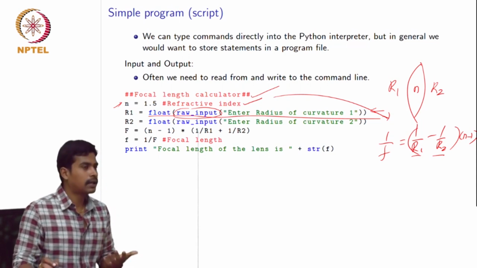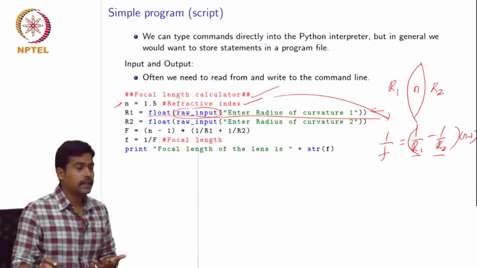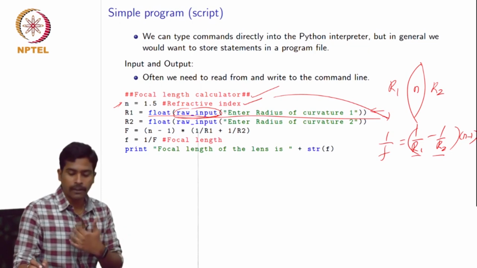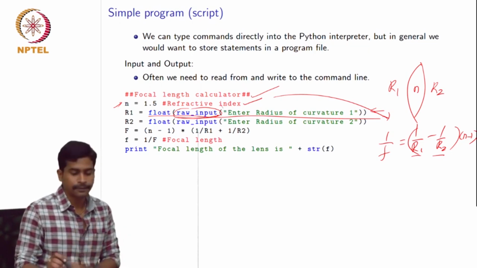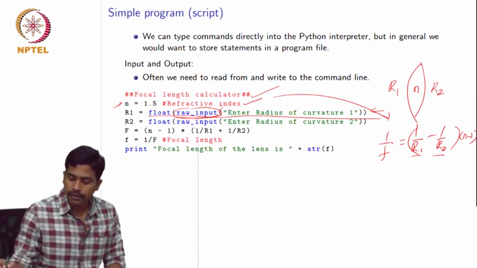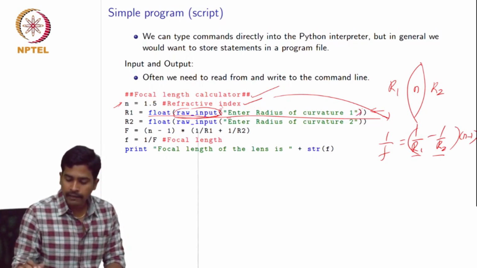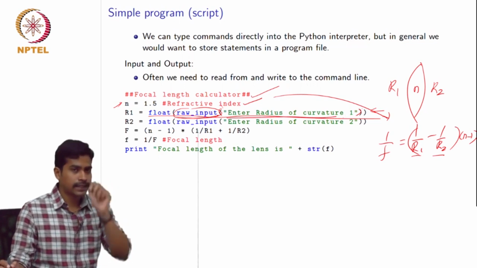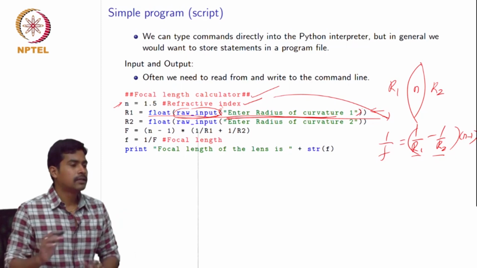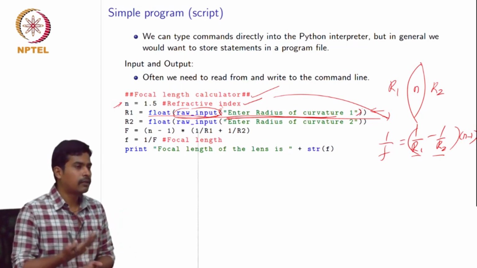We know that radius of curvature can be a float value, so whatever we receive from raw_input will be converted into float, okay. In the raw_input command you can also give a string. When this executes, this statement will be prompted on the screen so that you will know what value is expected from you.